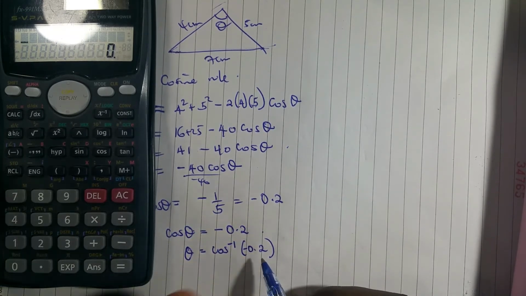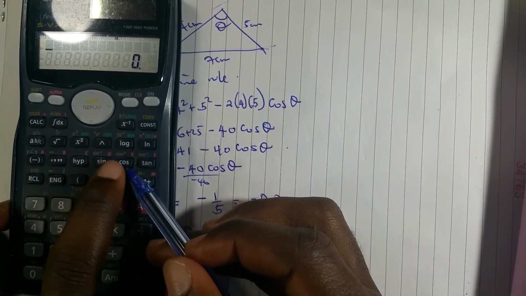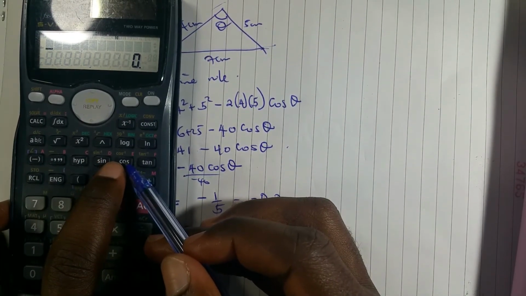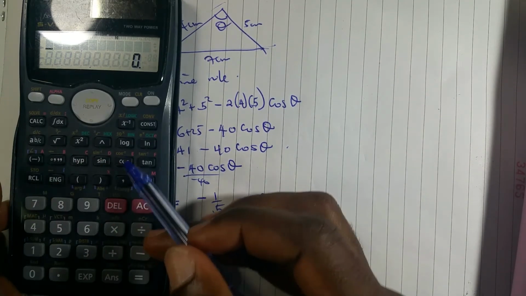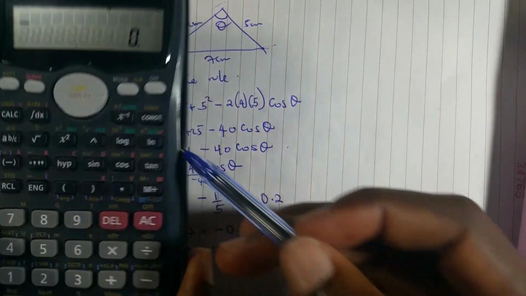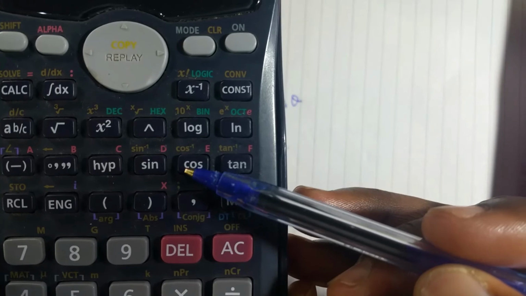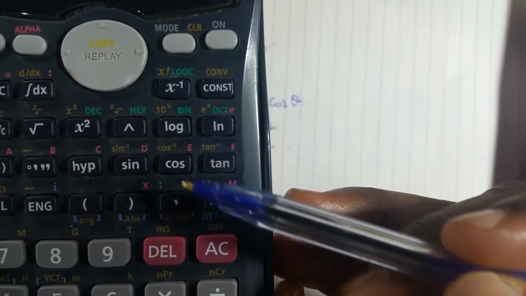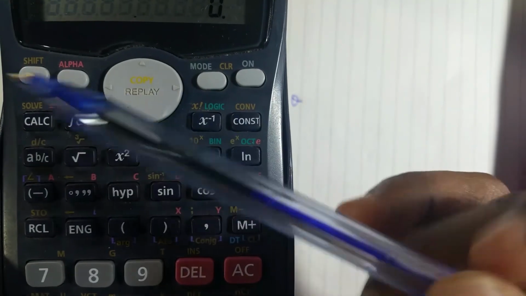So now we go here. You see this cosine? It was cosine of that angle, but now we need to get the inverse. Its inverse is down here, arc cos. Let me first bring the calculator closer. The color of that arc cosine is the color of the shift there.